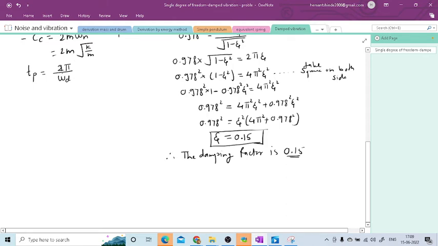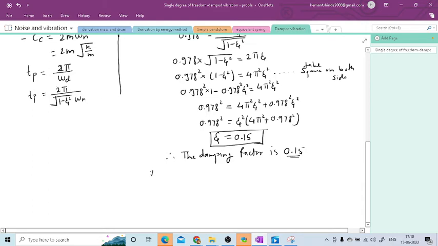So the formula will be 2 pi by omega d, means damped frequency. So Tp equal to 2 pi by omega d, and the formula for omega d is root 1 minus zeta square into omega n. And from this formula of time period we can get the value of omega n.